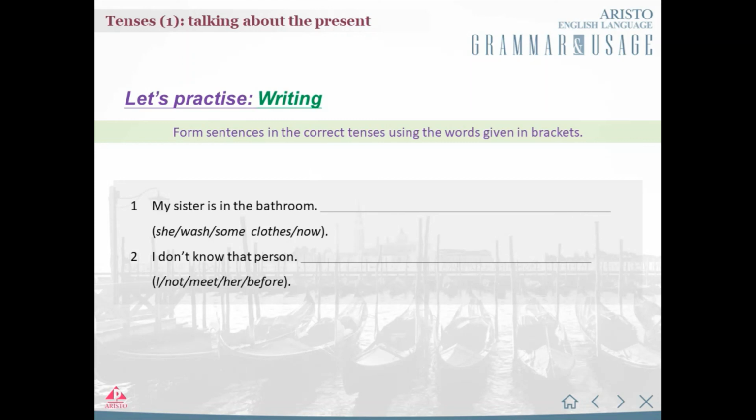The answers are now on the screen. The first sentence is, she is washing some clothes now. Here, the word now reveals that the action is happening at the time of speaking, so the present continuous tense is used.